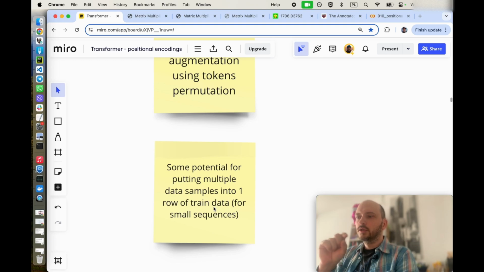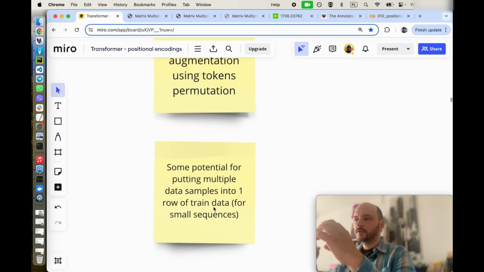Each input will have positional encodings starting from 0, and we can pass this entire sample produced out of several samples into the model, thus training on multiple samples in one run and speeding up the learning.